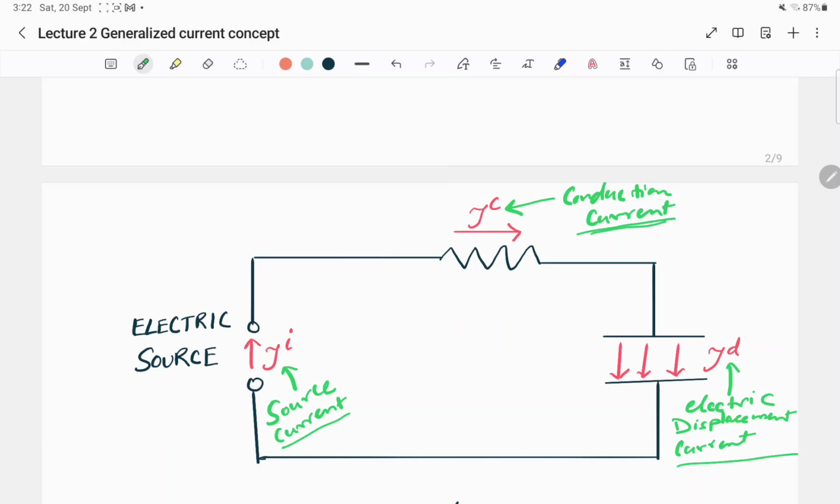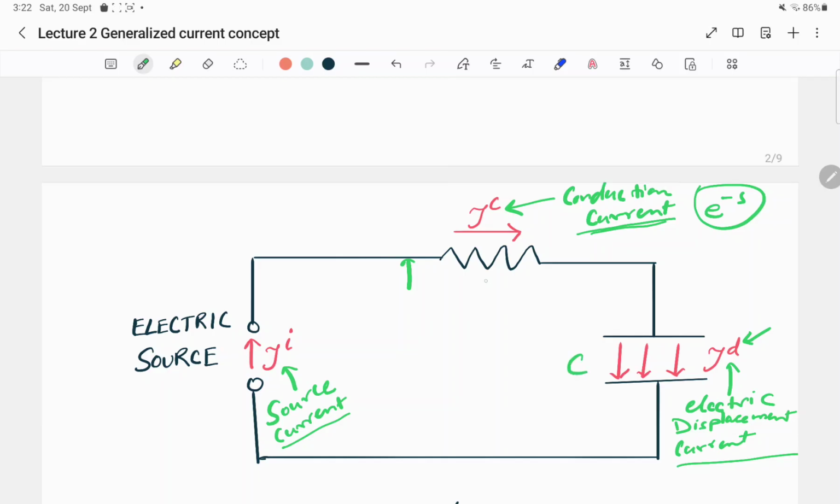This conduction current is due to the presence of free electrons in the conductor, which is the wire in this case. And this electric displacement current JD is due to the presence of bound charges inside the dielectric, which is present in between this capacitor.